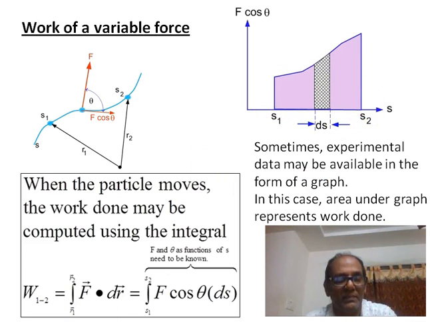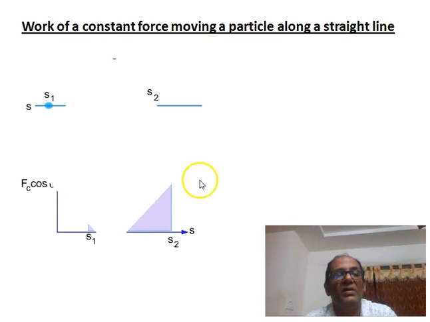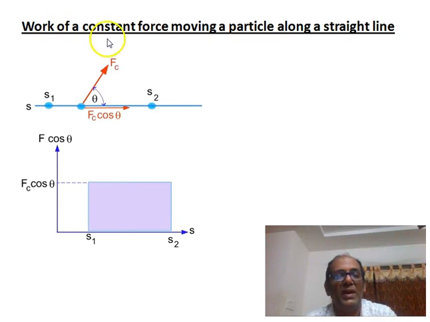Okay. As an example, we'll see what is the work done by a constant force acting on a particle and moving the particle along a straight line, let us say from distance S1 to distance S2. Because the force is constant, f cos theta is constant, that is what gives this line, and we are moving from S1 to S2, that is what gives this line.